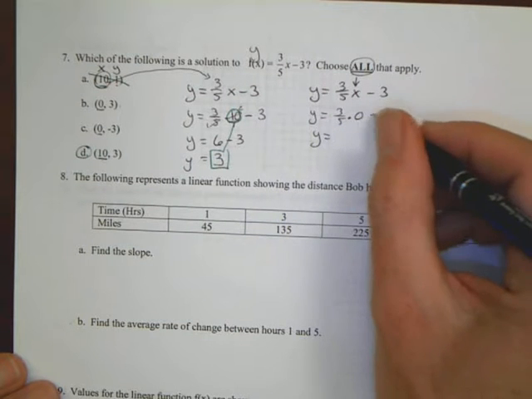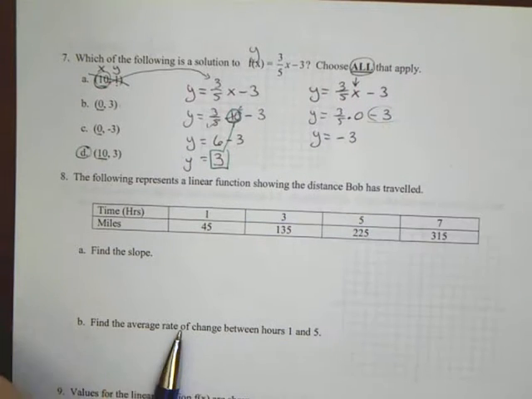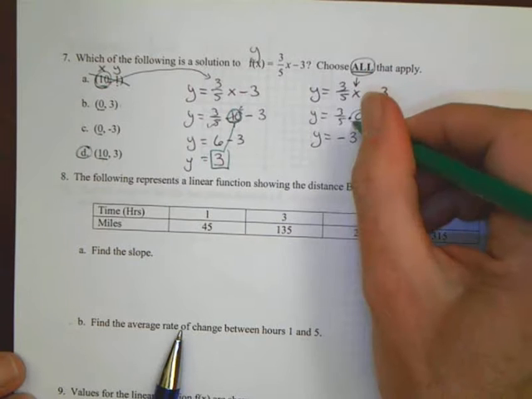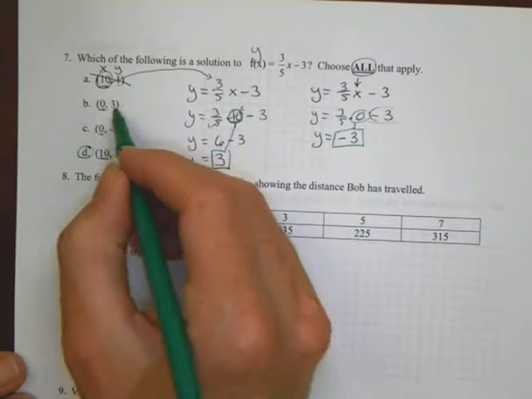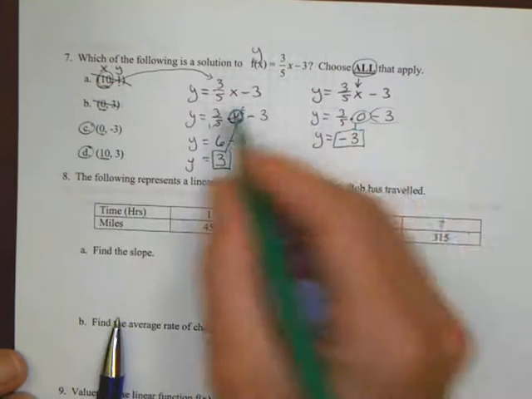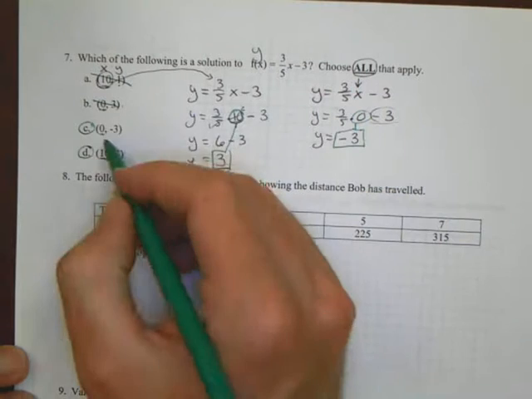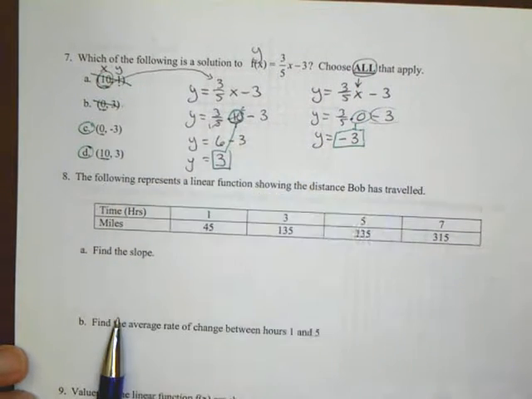So all I'm left with is a minus 3. y equals minus 3. So when x equals 0, y equals minus 3. I look at my choices: 0, 3, nope. 0, minus 3, yes. So I did two different equations, plugging in the value of x to see if I could come up with the correct value of y.